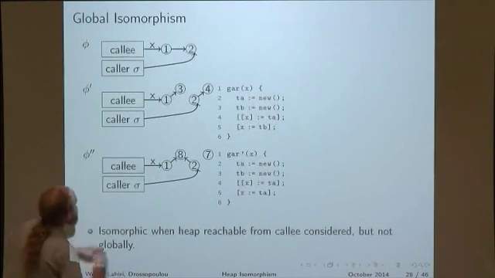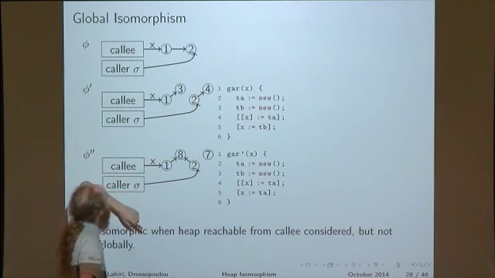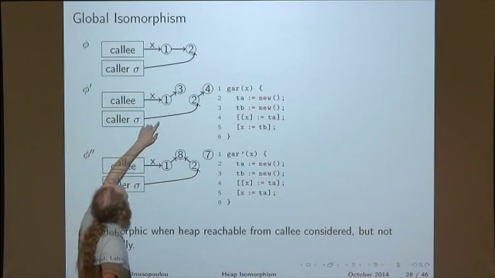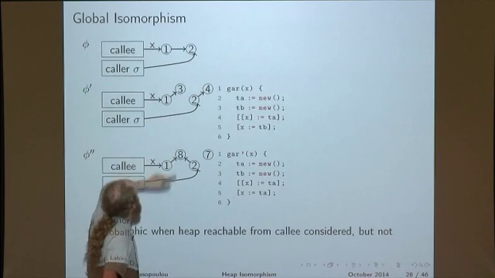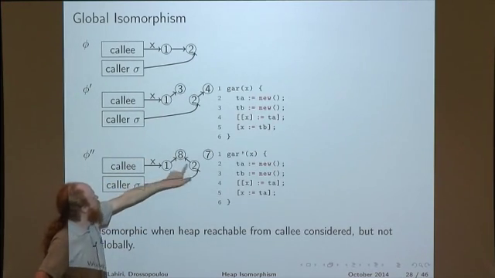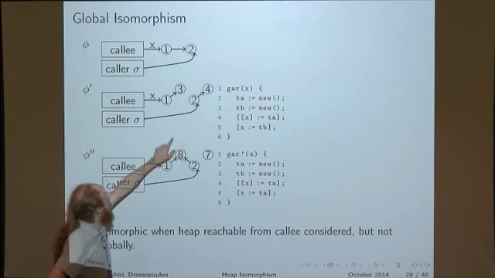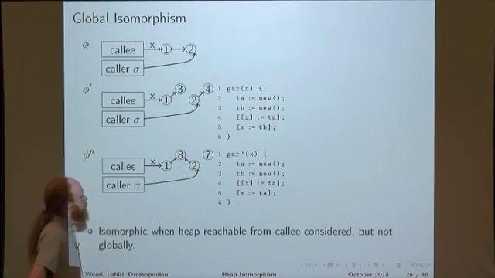They both allocate two new objects. This one then makes 2 unreachable from X, whereas this one points it here, points it there, and then makes it unreachable from X. This one points it here and then makes it unreachable from X.